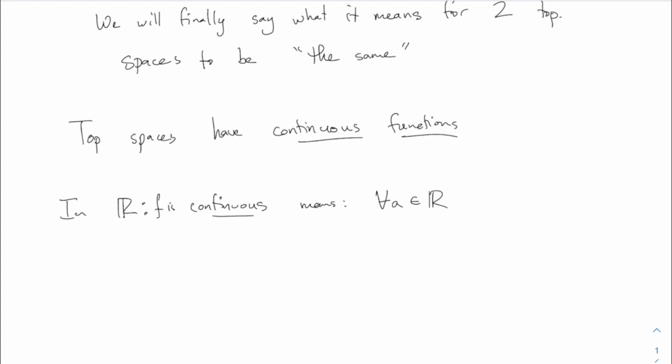For every point, it's this epsilon and delta thing: for all epsilon greater than 0, there exists delta greater than 0 such that. I hope you remember this, although we're not going to be using this definition. This is the epsilon and delta definition of continuity.